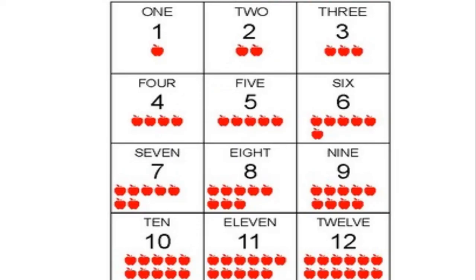On the clock, there are 12 numbers. Let's review how to say the numbers 1 through 12 in English. Repeat with me. 1.